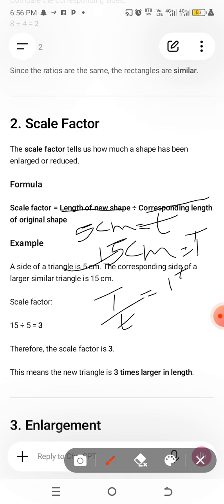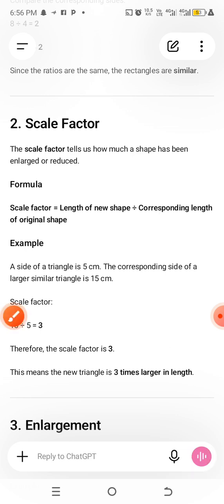That will be 15 centimeter over 5 centimeter, which will give you 3. The centimeters cancel each other, so the scale factor has no unit, so that's 3. Which means that the new triangle is 3 times bigger than the small triangle. Do you understand?